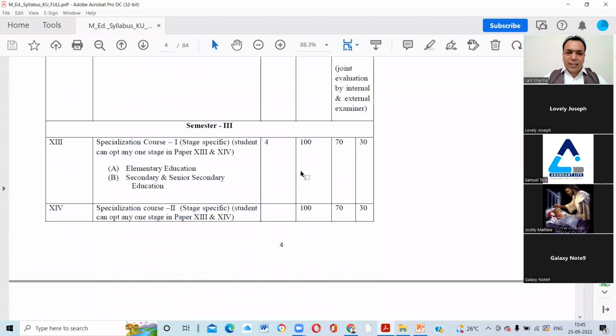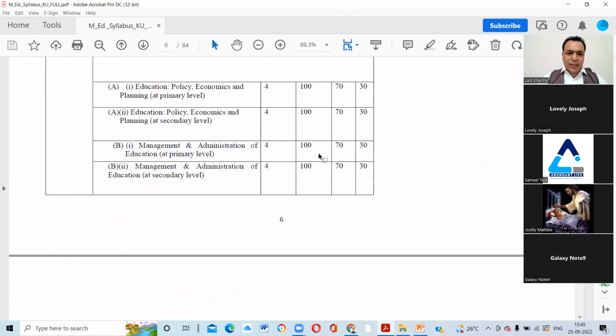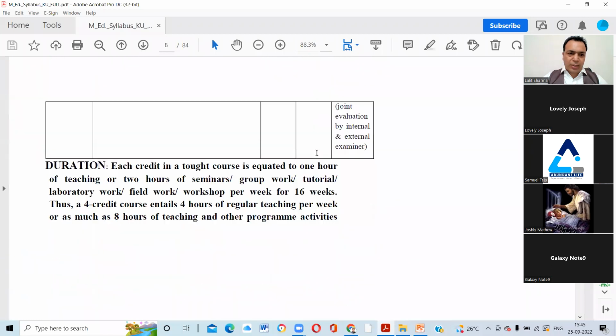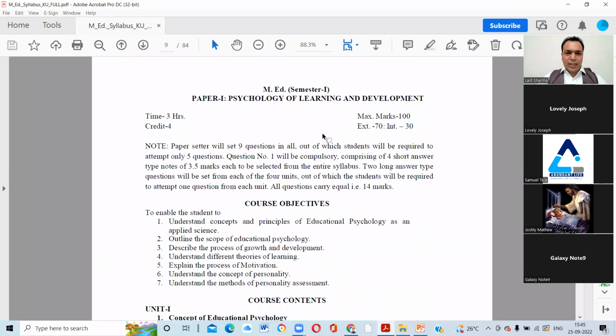So what is inside the syllabus? Even though you have got the syllabus and can see it later by yourself, I want to show you that this is paper 1, psychology of learning and development.